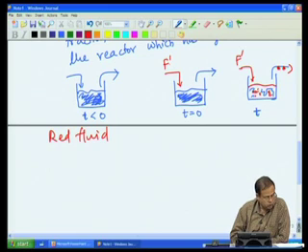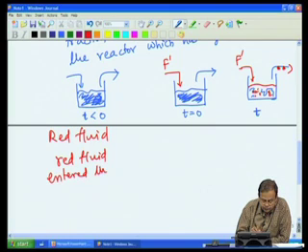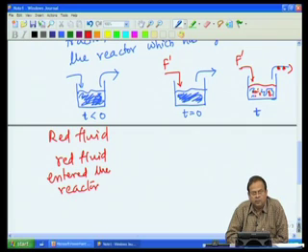So, at time t, the red material which has entered the reactor, between 0 and t, some red material has entered the reactor, and what has happened to this red fluid?